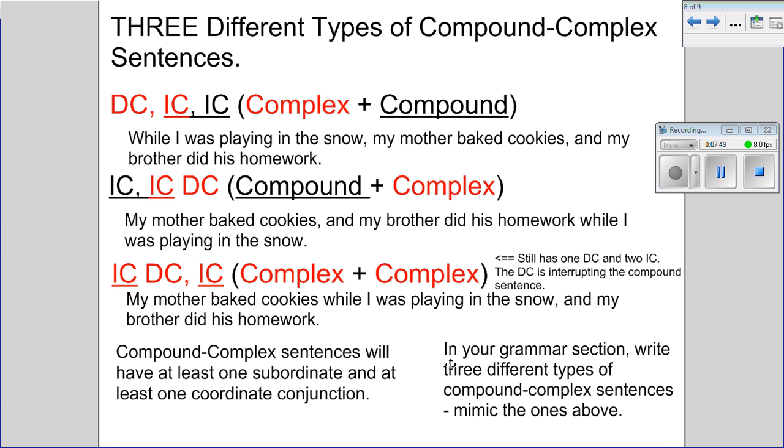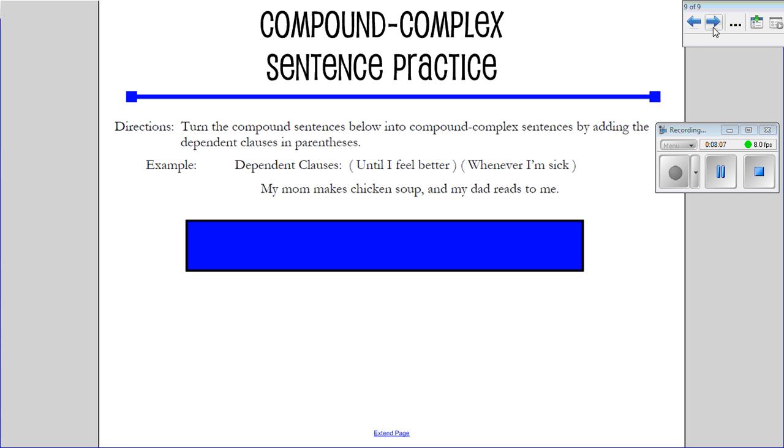What I'd like for you to do on your own is you've already written all this. I'd like for you just to mimic the 3 sentences. So change the words around but keep the structure the same. Go ahead and do that on your own. Once you've done that, you're going to come over, talk to me, show me what you've done. We'll have a quick conversation about it. And then you'll get a worksheet to work on practicing with your compound and complex sentences.